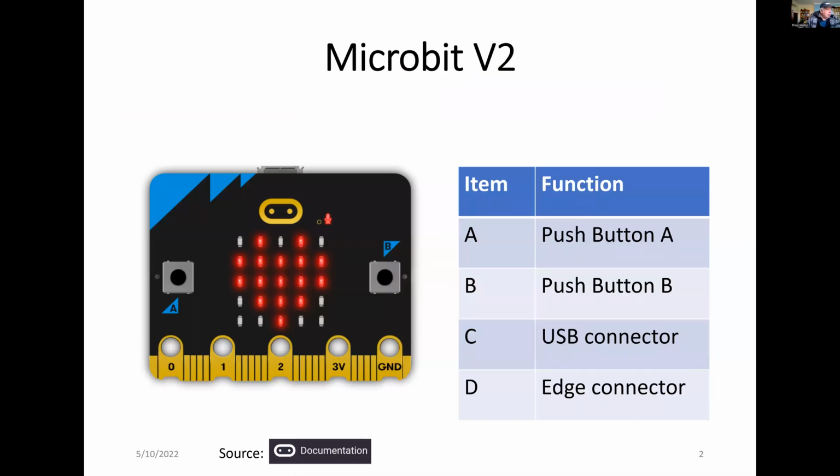So let's do a little bit of revision of some of the concepts we looked at last week. If you look at your microbit, the most important things we're looking at are the two push buttons, push button A and push button B. We learned how to connect to the Windows computer using a USB connector and cable.